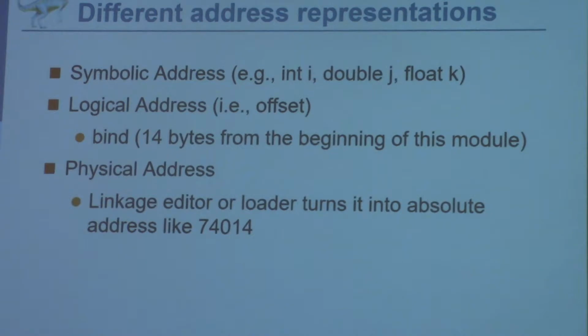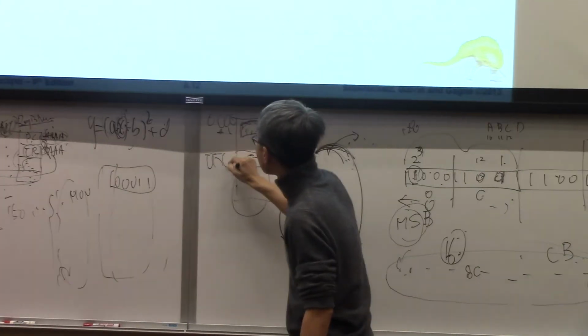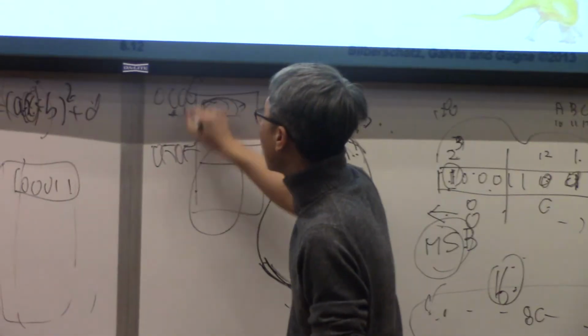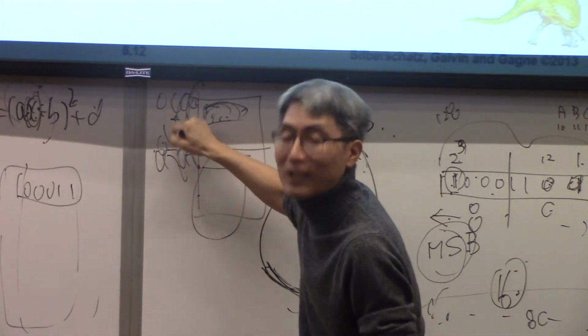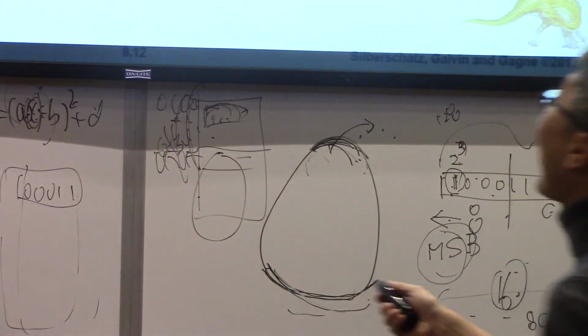Instead, you can define it in the process. This process will be exactly copied to the memory space. So let's say this is 0, 0, 0, and the integer I is at 0F, 0F. So it's the relative, the offset value. So this is called the logical address.